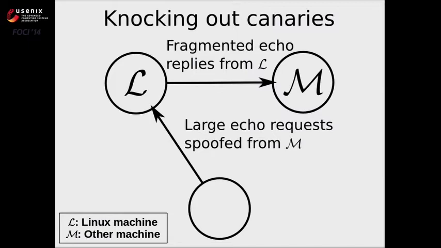Because the next step is that we try to see how many of these canaries we can knock out. We do this by sending large echo requests spoofed from M to L. Since these echo requests are so large, when L replies to M, we can be assured that they will be fragmented.